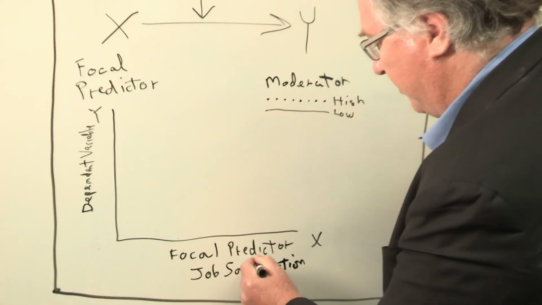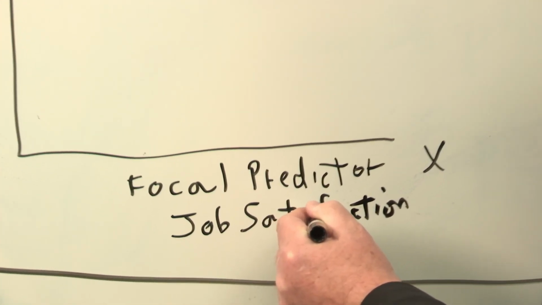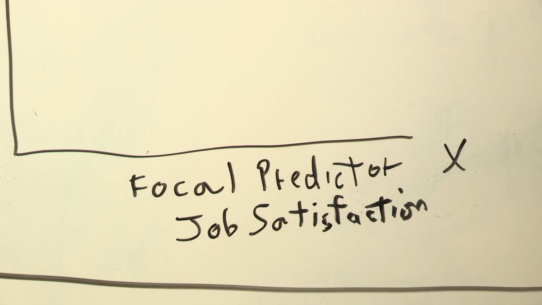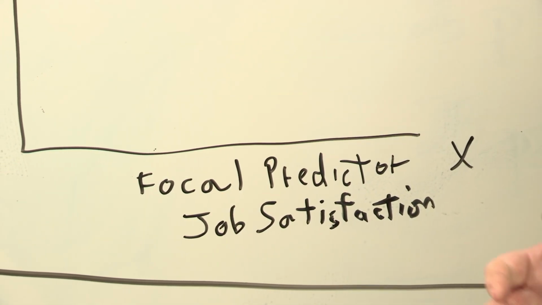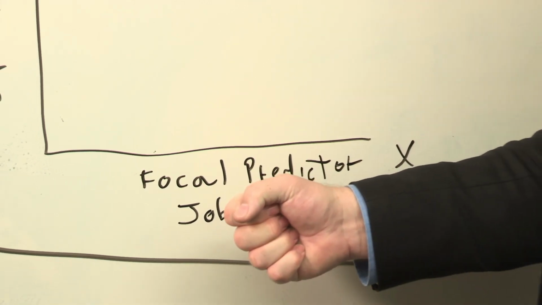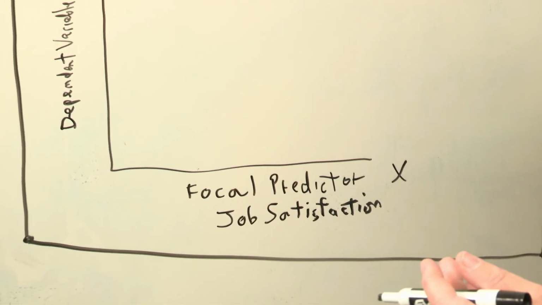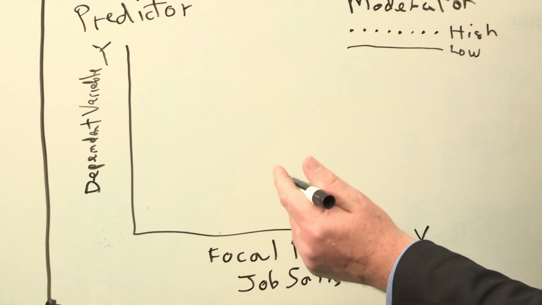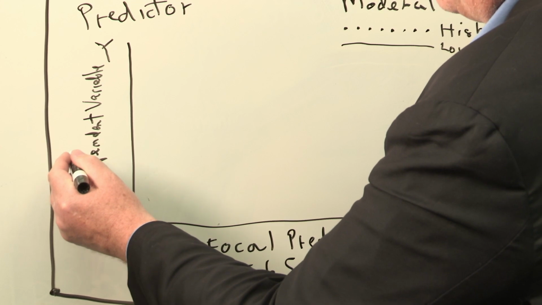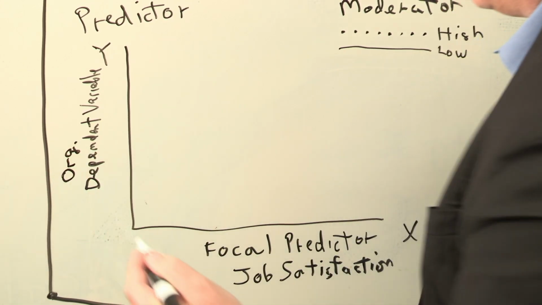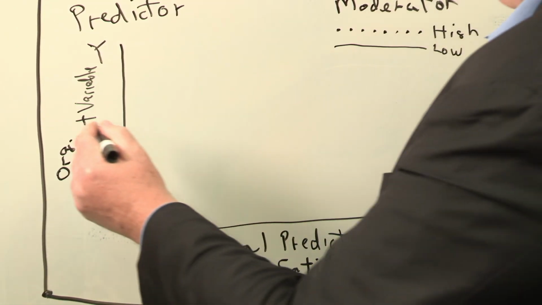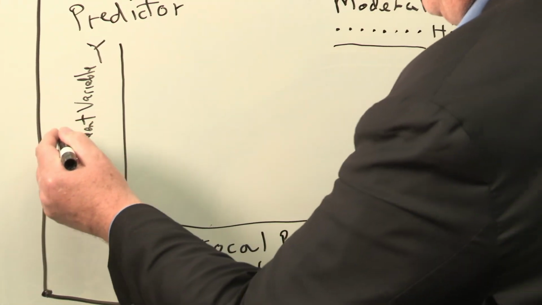Job satisfaction. Funny looking S there, isn't it? Anyway, job satisfaction. And we're interested in the effect of one's level of job satisfaction on our dependent variable, which we're going to have in this case be organizational. That's org, O-R-G, org, organizational commitment.